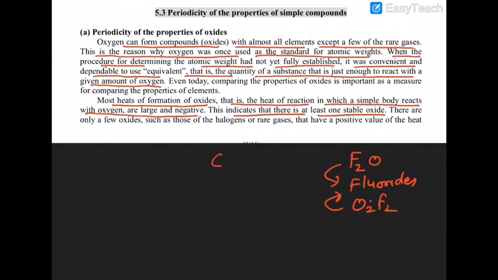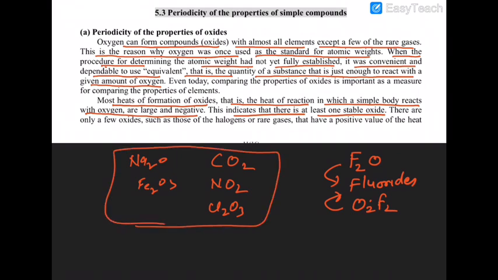With all other elements it forms oxide: carbon dioxide, nitrogen dioxide, chlorine oxides, with sodium, with iron, with all other elements you will have formation of oxide. But only with fluorine you have fluorides. So if someone asks you with which element oxygen does not form oxide, the answer is fluorine. The reason is that fluorine is more electronegative than oxygen, so it is able to form fluorides.